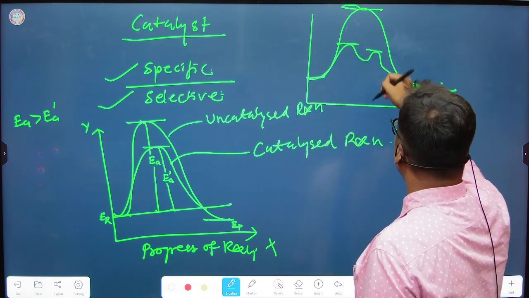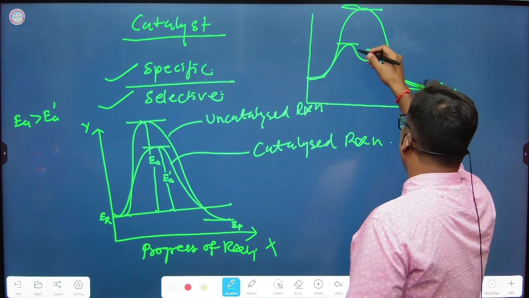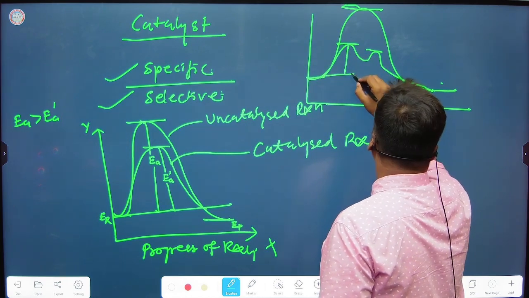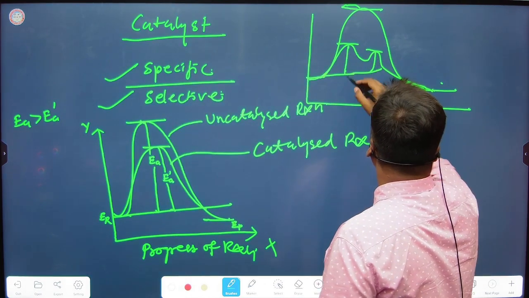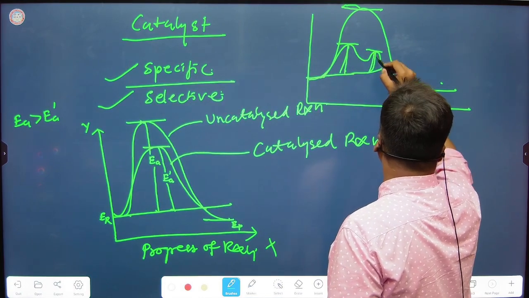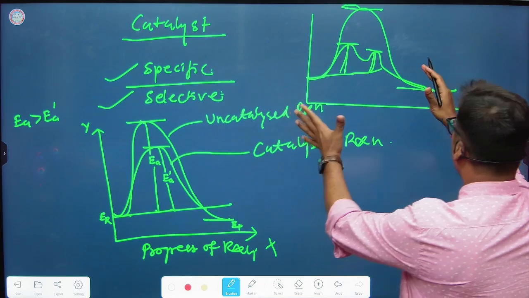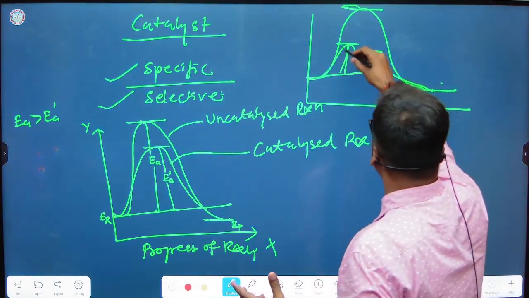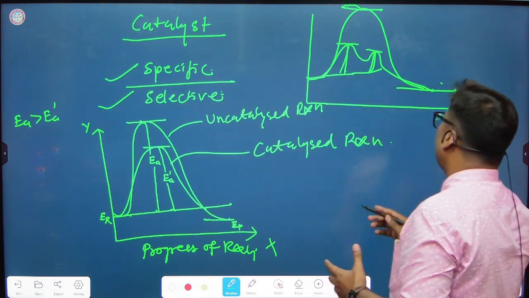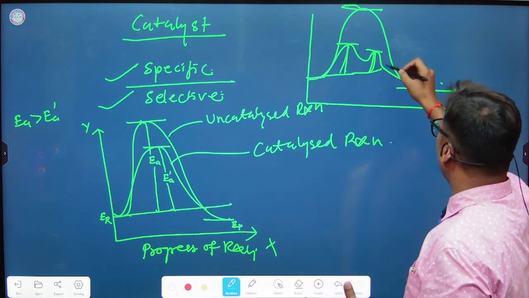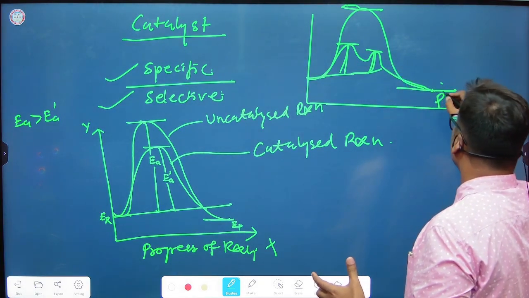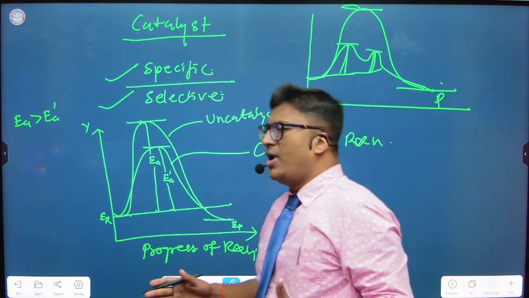Different kinds of transition points have different activation energies. Sometimes it is a little lower, sometimes a little higher, and other transition points may also exist by adopting such profiles. Ultimately these transition points dissociate to give products.